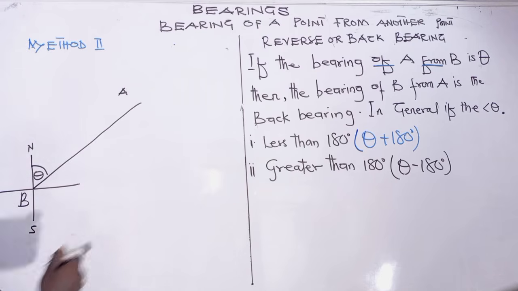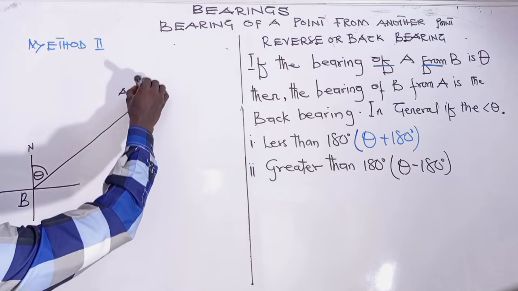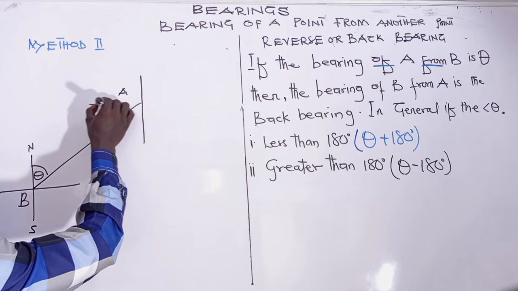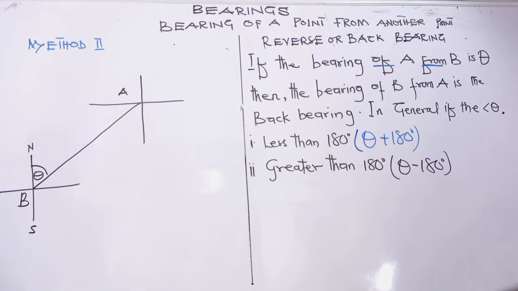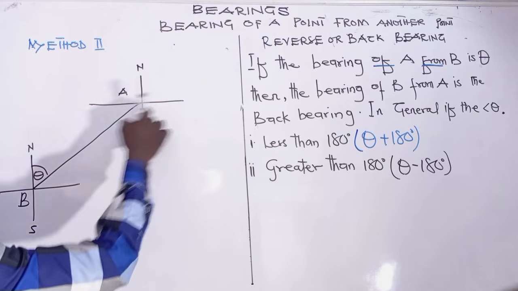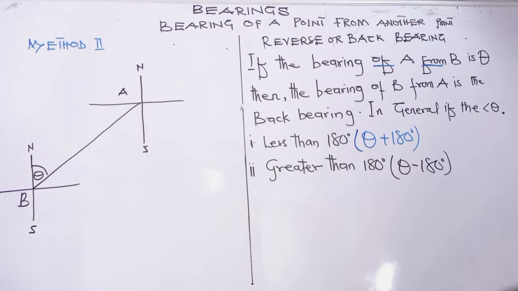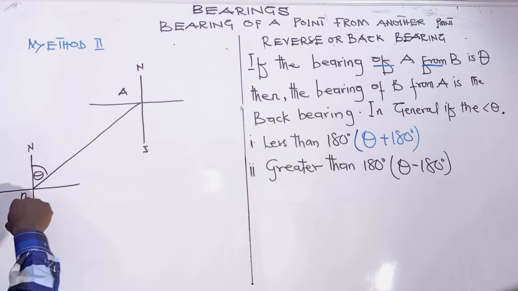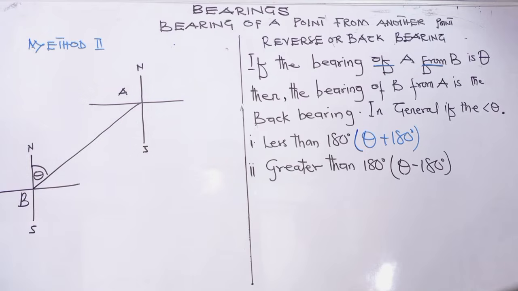With that as well, we are going to draw our cardinal points: north, south, east, and west. We want to find the bearing of B from A, so we apply the same approach.